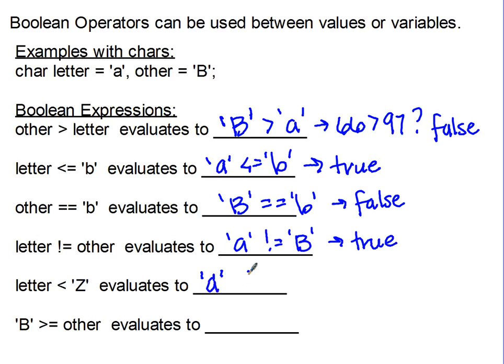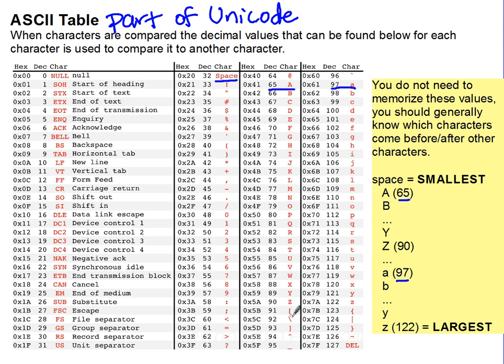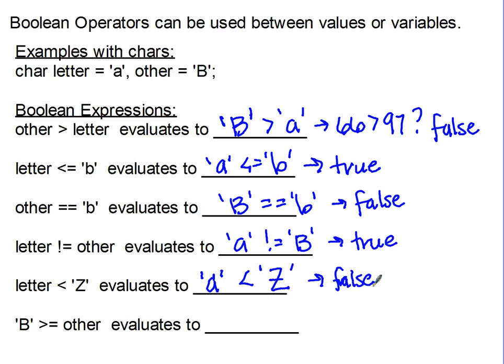Is lowercase a less than capital Z? And the answer to that is going to be false. If you want to look back at your chart, you can see that capital Z is 90, lowercase a is 97. So the question it's asking here really is, is 97 less than 90? And so that's false.